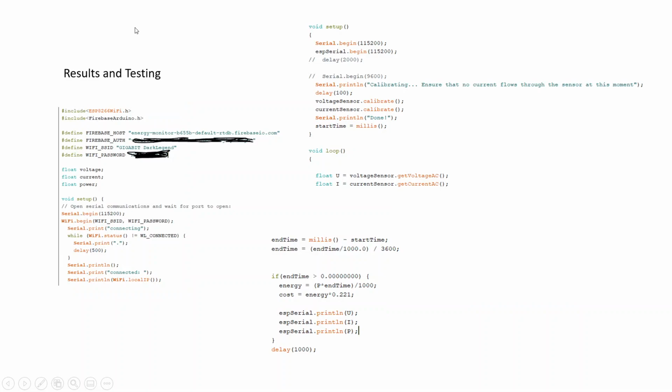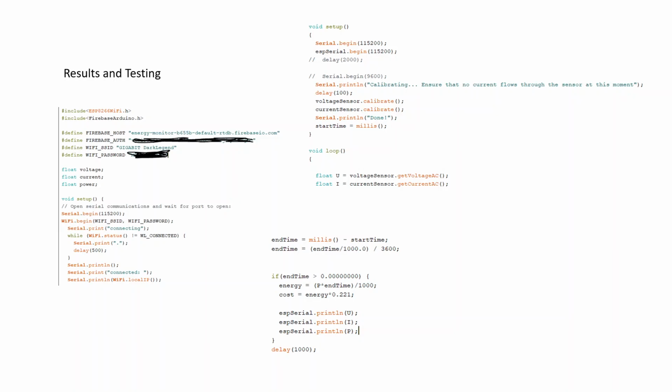After the implementation, to implement the Wi-Fi techniques, I used some libraries like Firebase Arduino. I needed to configure the Firebase host, the authentication key, and my home network SSID and password. Then I used the constructor to begin the Wi-Fi connection and used my local IP to connect to the Wi-Fi.